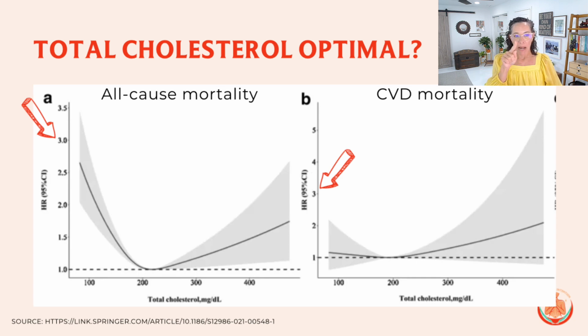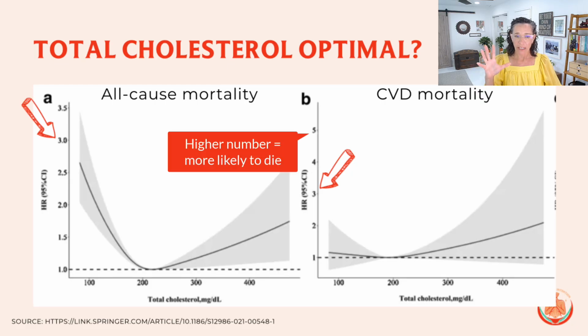Now notice that my arrows are pointing to the 3 on both graphs, and the reason I'm pointing that out is because that means the scale of this risk is slightly different between the two graphs. But briefly, the larger the hazard ratio, the more likely a person is to experience an outcome.